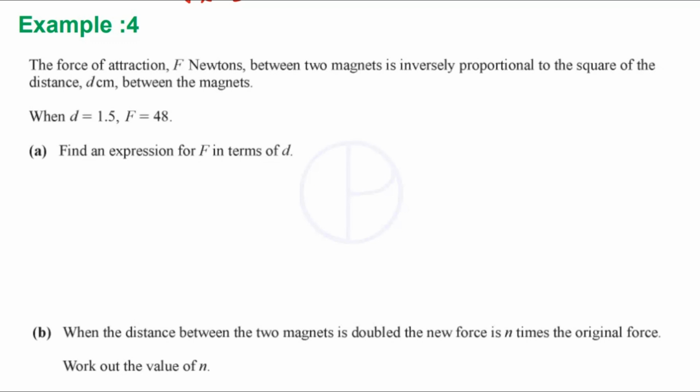So it's given the force of attraction F is inversely proportional to the square of the distance. So 1 over d square. We can write F is equal to k divided by d square. When d is 1.5, F is 48.